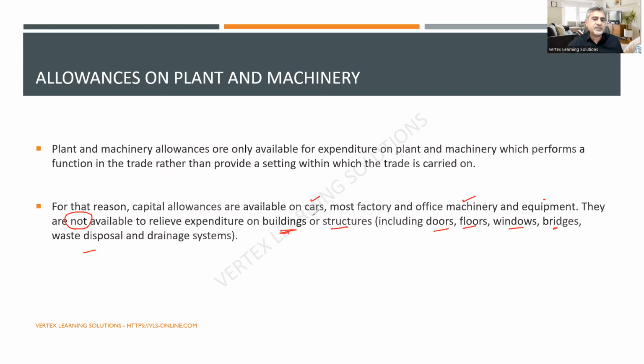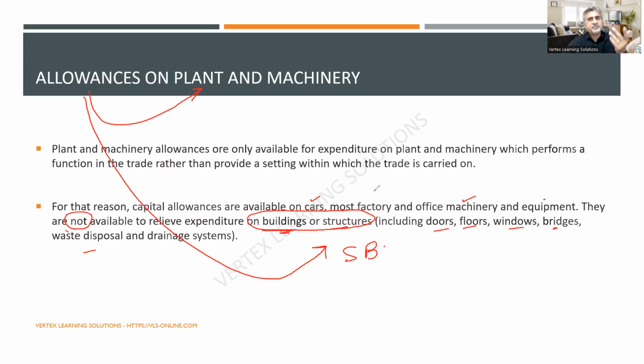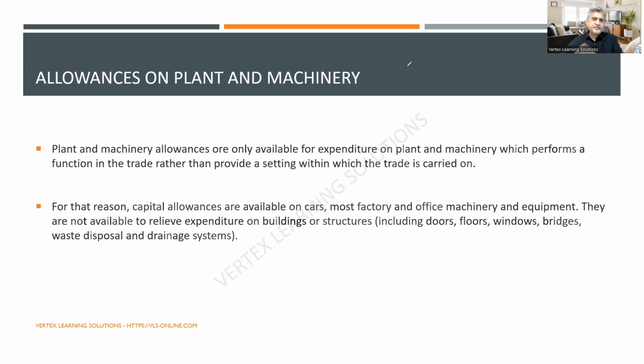It does not mean that you cannot calculate allowances on buildings and structures. Allowance on plant and machinery is only allowance on plant and machinery. Allowance on buildings and structures is called SBA, structure and building allowance. That is a different category. We will study it separately, okay?